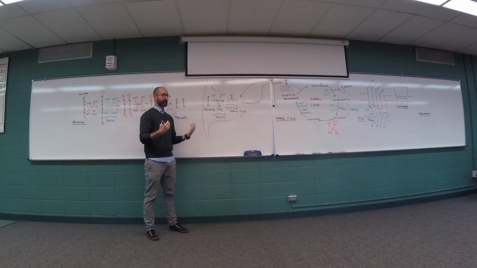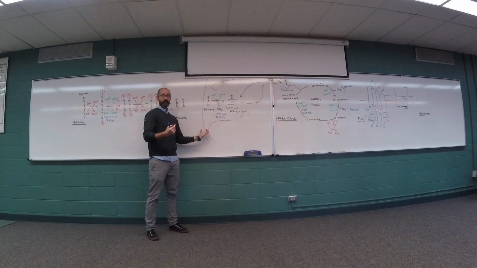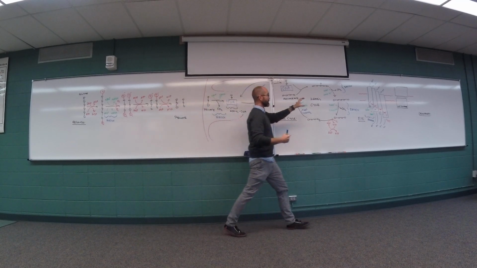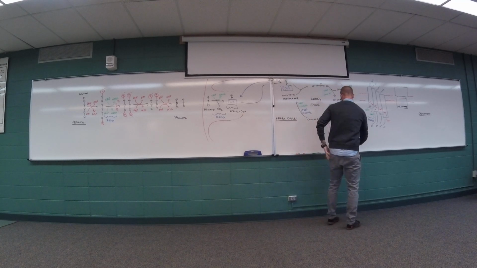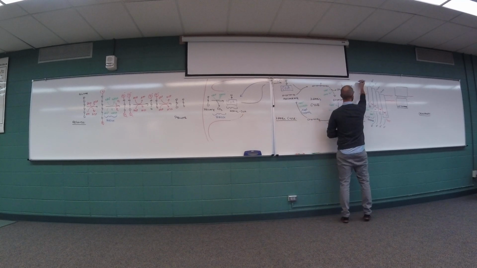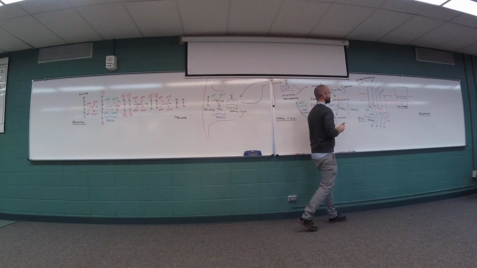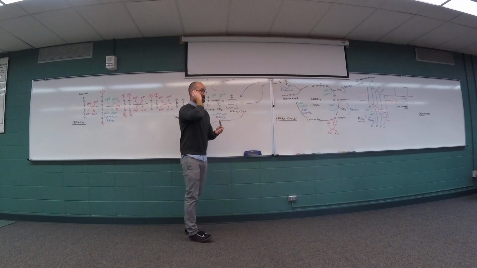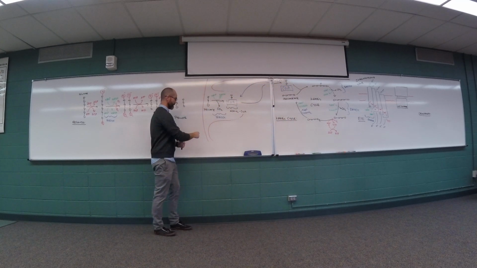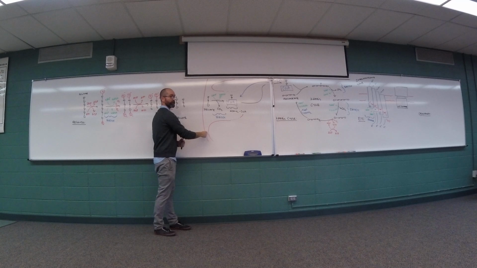So in the intermembrane space, right? So this stuff up here, this is intermembrane space, and I'll write that so that we don't confuse people. This is all intermembrane space. So what we're doing is we're creating a strong proton gradient in here, right?